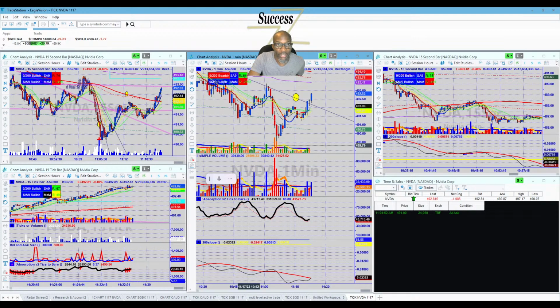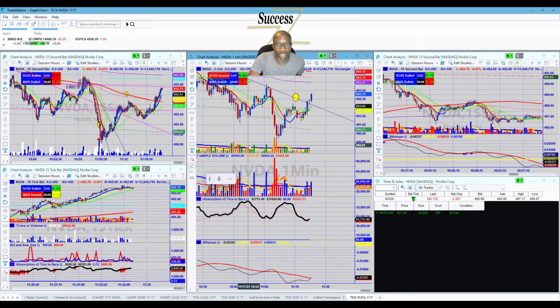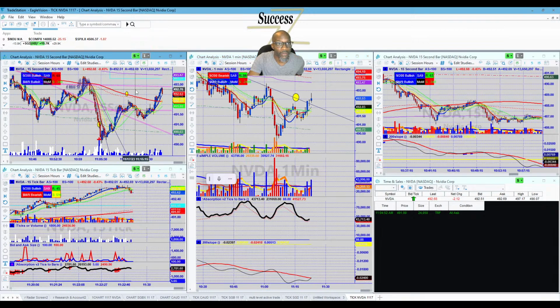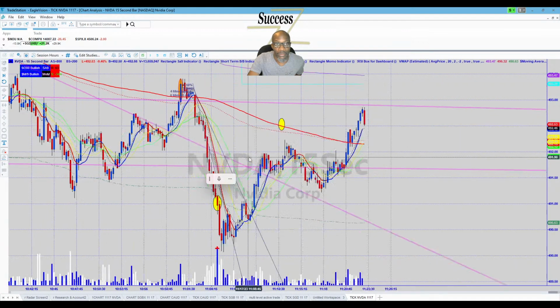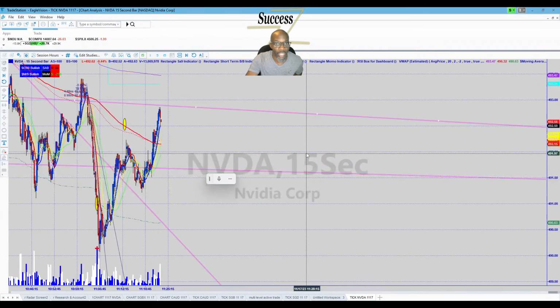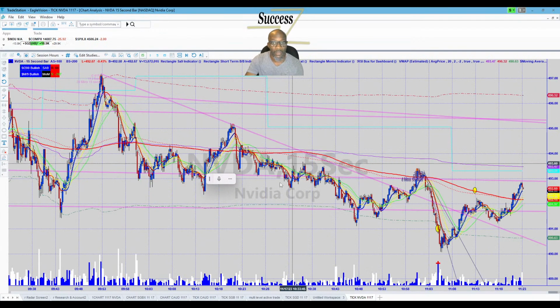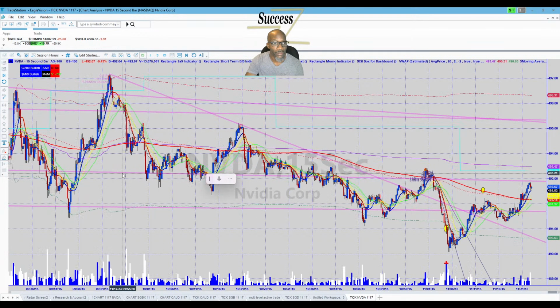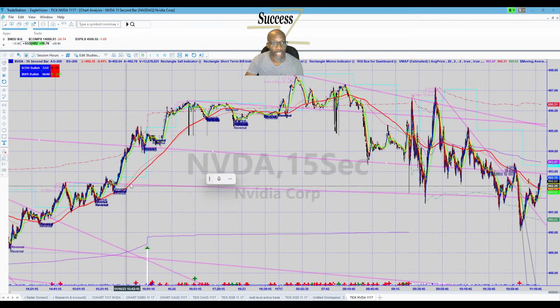Oh, and NVIDIA crossed the descending trend line. But it's got this other trend line that it just touched, right? Where does that trend line originate? Back over here some other day sometime.